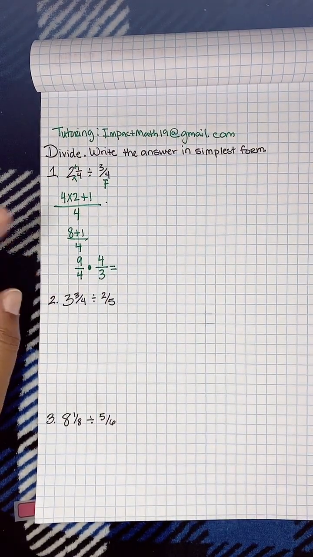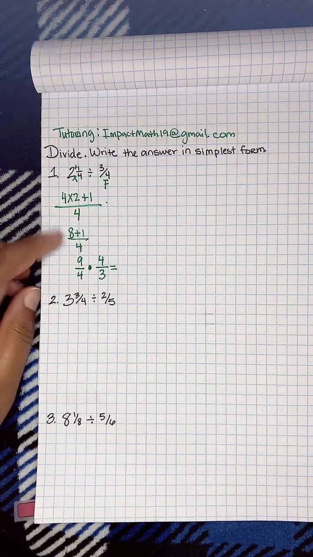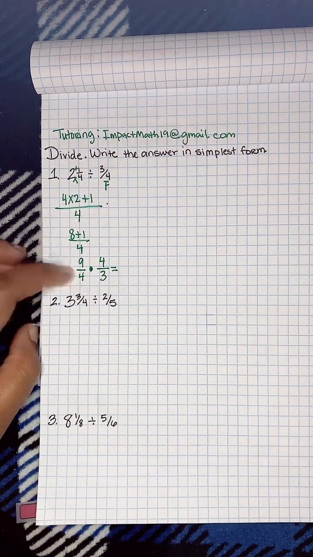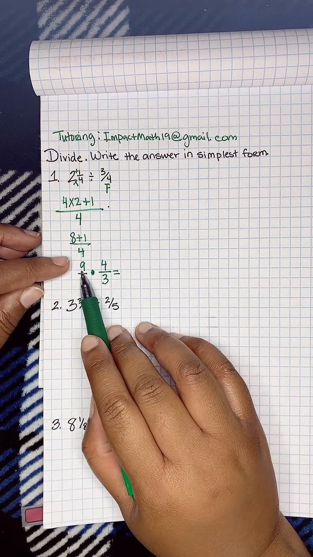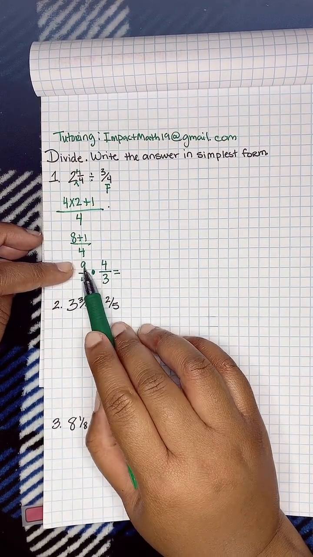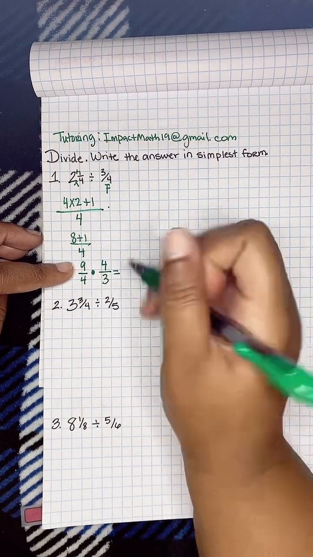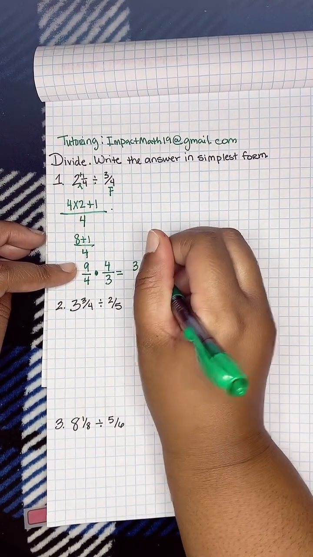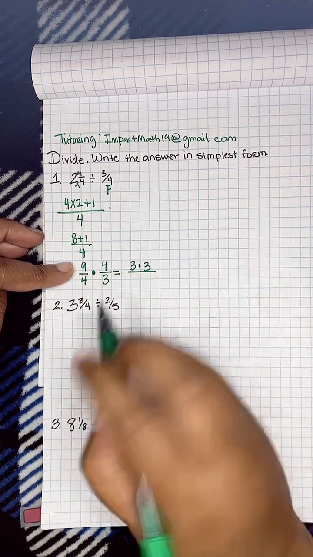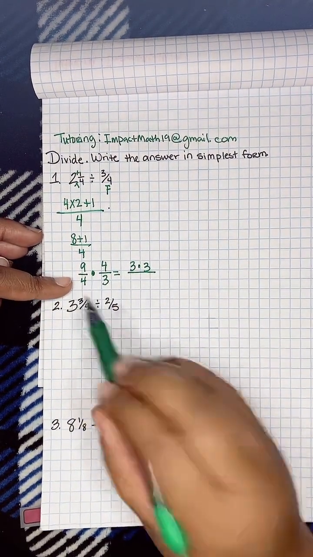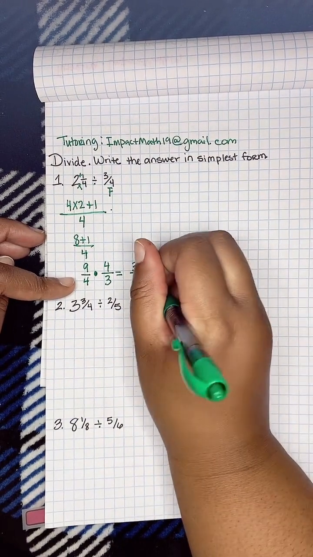Okay, now this is the part that I wanted to show because this is where you usually lose people. So I want to break this down. What times what gives me 9? 3 times 3. What times what gives me 4? 2 times 2.